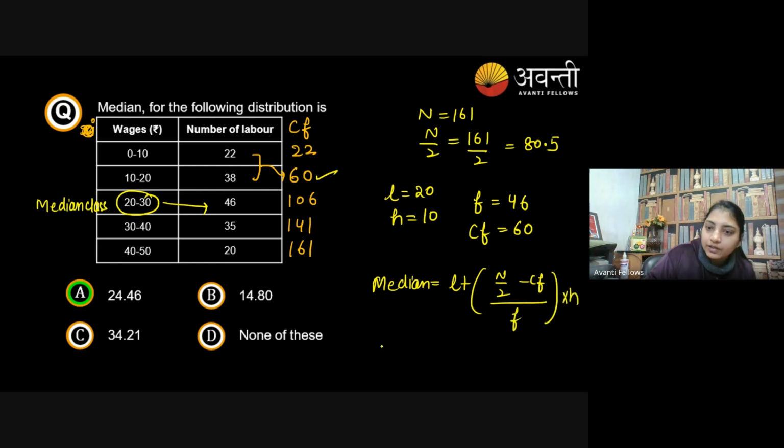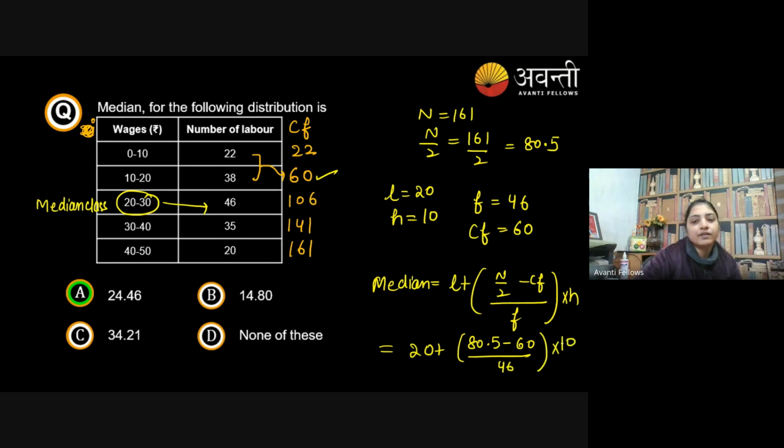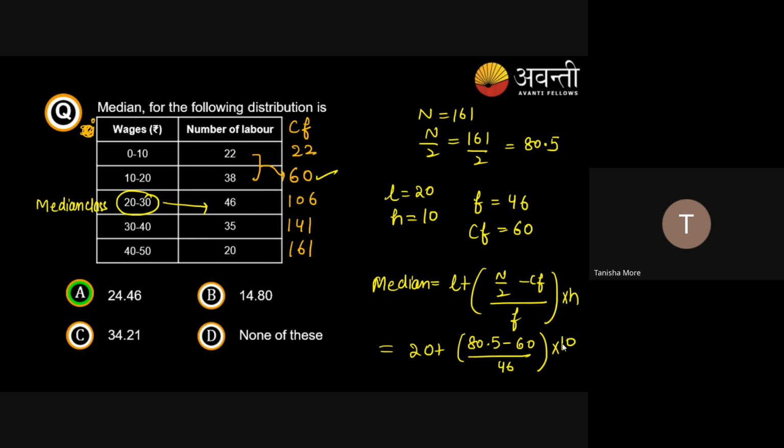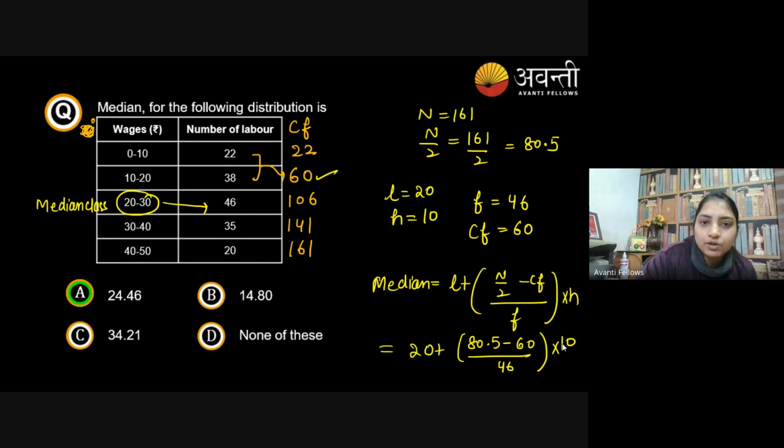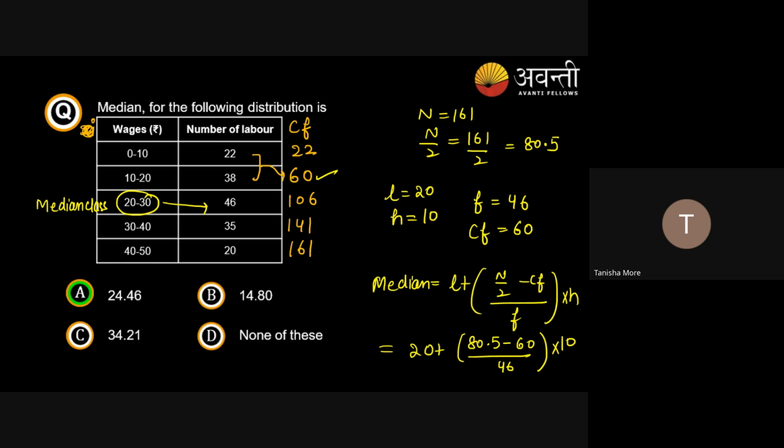So L is 20 plus (80.5 minus 60) divided by 46, into 10. Clear everyone? So this can be solved, right? Any doubt till there?